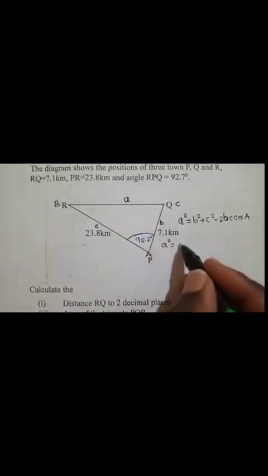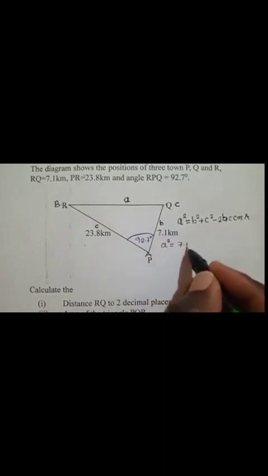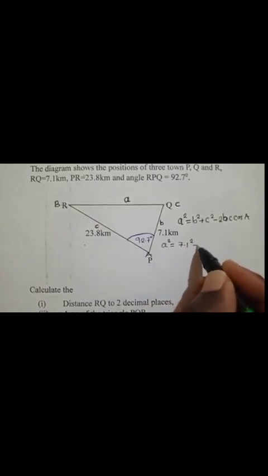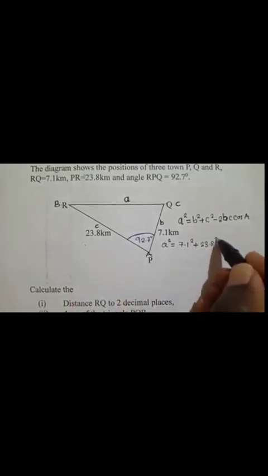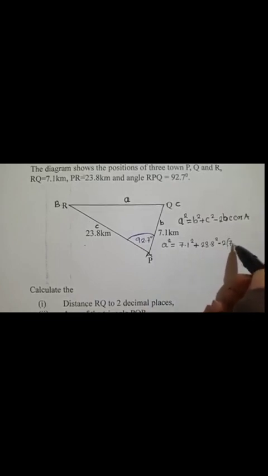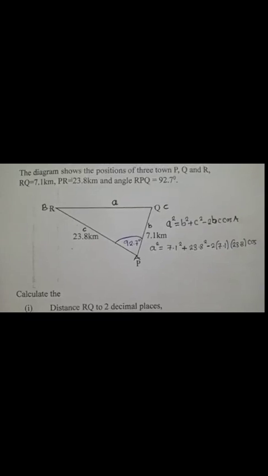For the b, we know that b is a side. It's 7.1 power 2. We say plus our c, 23.8 power 2, minus 2 times 7.1 times 23.8, and then we say cos the angle here.